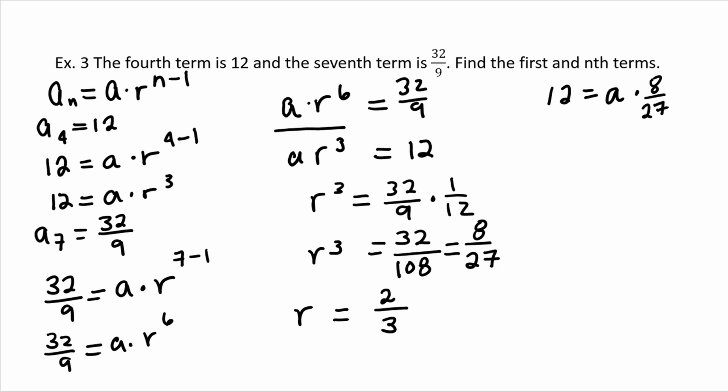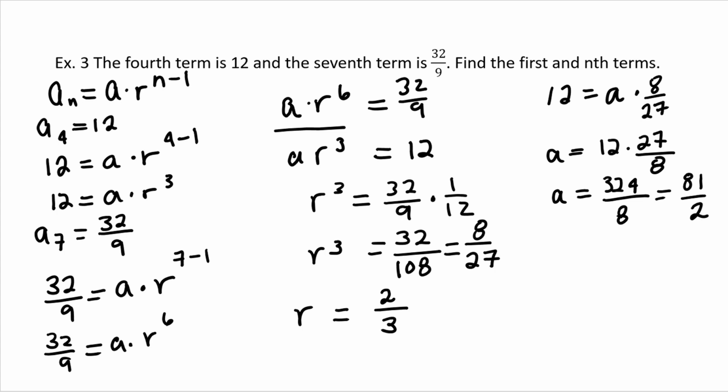Let's solve for a. A is going to be 12 times 27/8. Multiply across, I get 324 divided by 8. Reduce some of the terms, and I get 81/2.